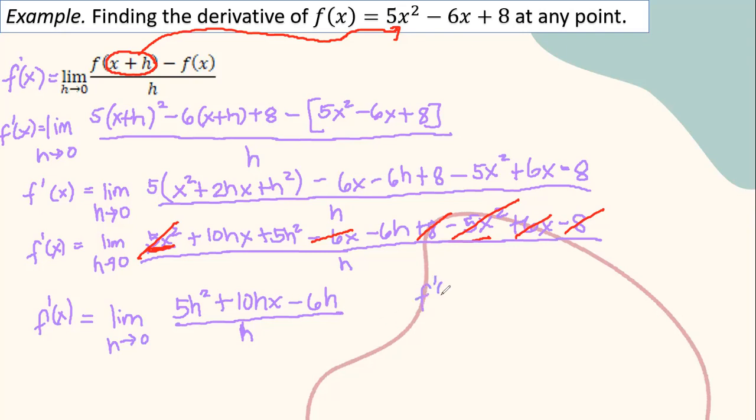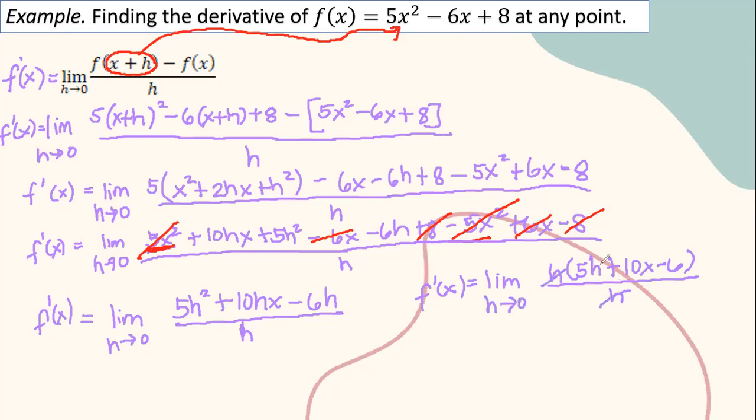So f prime of x is equal to the limit of h multiply to 5h. So finactor out ko lang yung h. Lahat sila may h sa numerator. So 5h plus 10x na lang minus 6 all over h as h approaches 0.